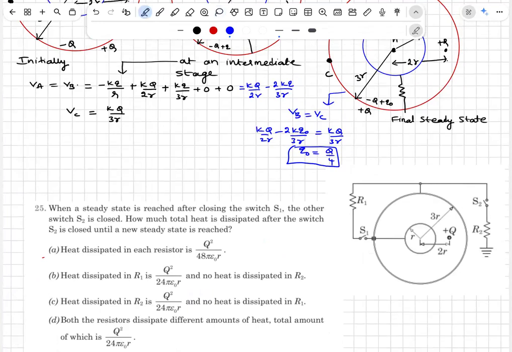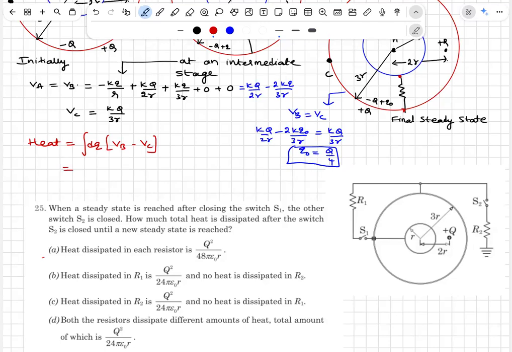Now I have a very clear idea what charge was transferred between these 2 points. What is the heat evolved? At any time, heat evolved is the charge transferred between inner and outer times VB minus VC.